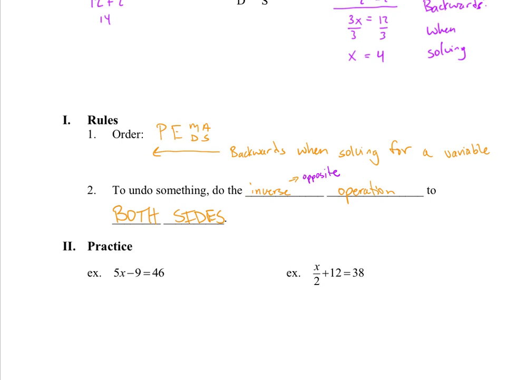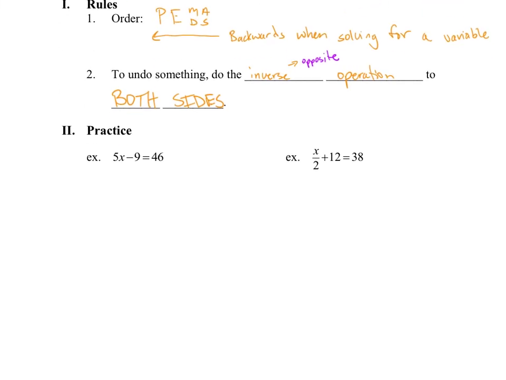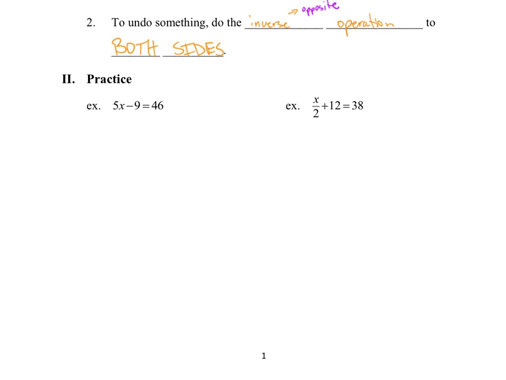And this is where it's starting to get more and more important to do it to both sides, because otherwise you're going to end up with a problem that you're not exactly sure what you've done. So doing it to both sides, canceling things out, rewriting the steps is very important to help you solve these multi-step equations. Let's get a little practice here.